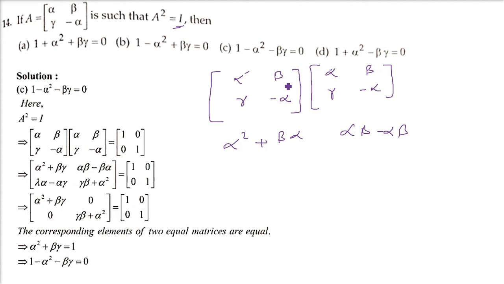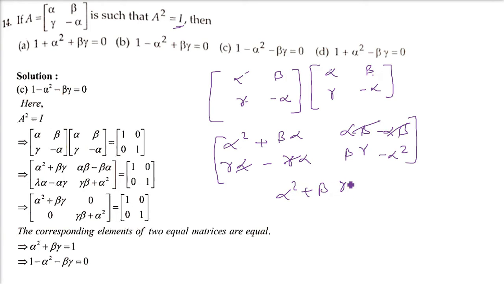So now here we have alpha gamma minus gamma alpha. Then we have beta gamma, actually it will not be minus, it will be plus alpha square. So this gets cancelled, alpha square plus beta gamma, and this is 0, this is 0, and this is gamma alpha, and as I said, minus will become plus.